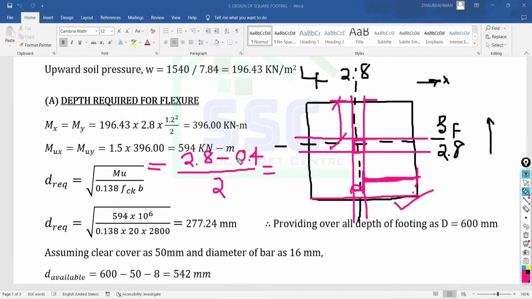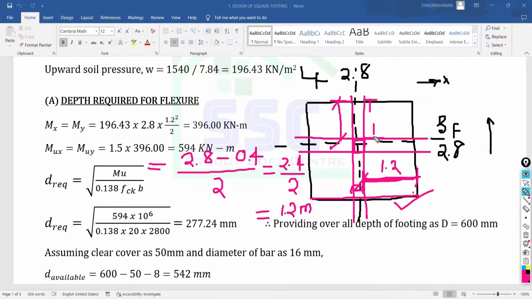Just calculate it: 2.8 minus 0.4 becomes 2.4, divided by 2, which is 1.2 meter. So this projected portion is only 1.2 meter in the x direction.